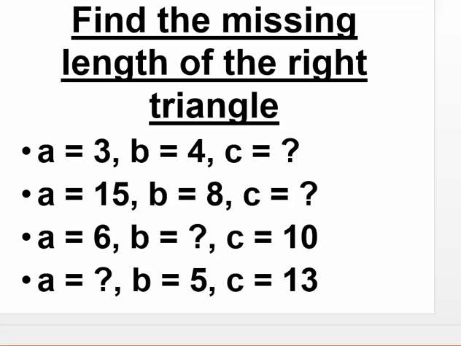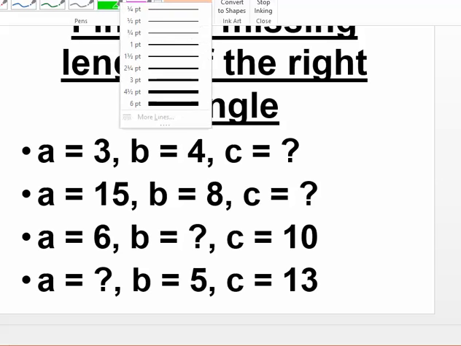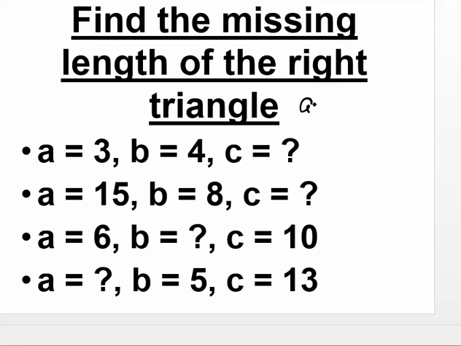For example, we have these sides of 3 and 4, and we want to find what the hypotenuse is. We do that by using our Pythagorean theorem, which is, once again, a squared plus b squared is equal to c squared.